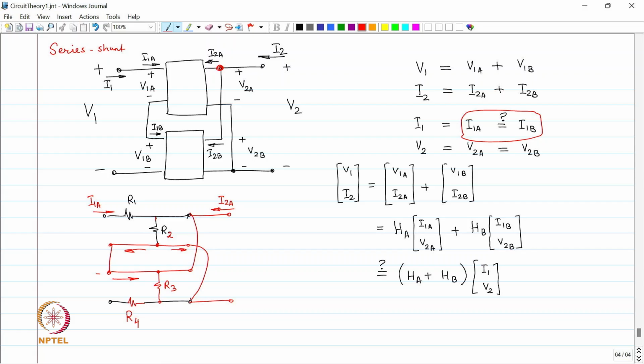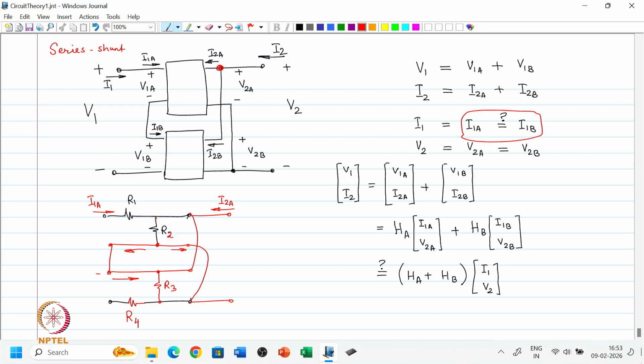No, we can't really make out which part goes which way. Fine. So, in some situations it is okay, H can be added, in some other situations they can't be added. How about here?